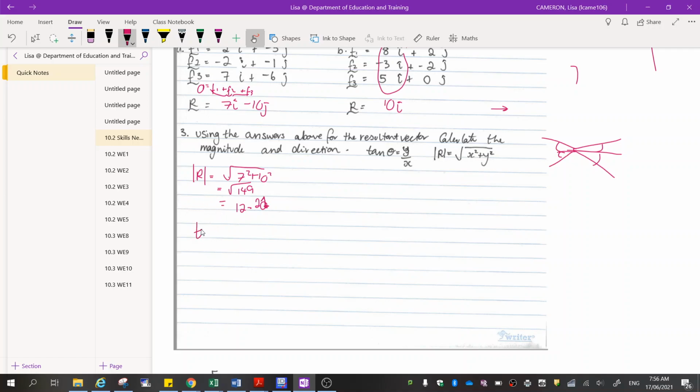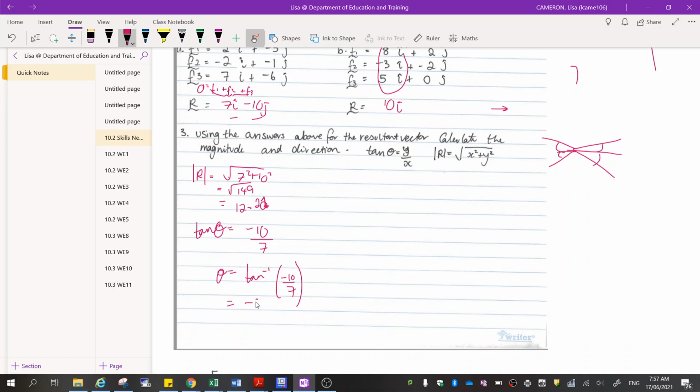Okay, so now let's find the angle. Tan theta equals y over x. So this is your y value and that's your x value. So negative 10 over 7. Now to get theta on its own, we take the inverse tan of negative 10 over 7. So make sure your calculator is in degrees.